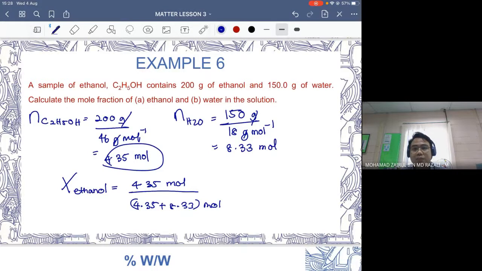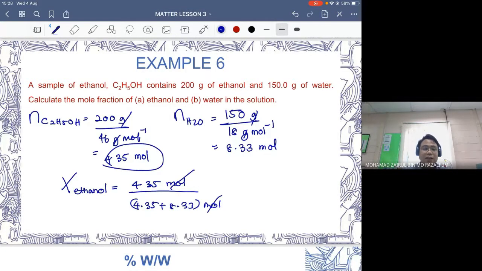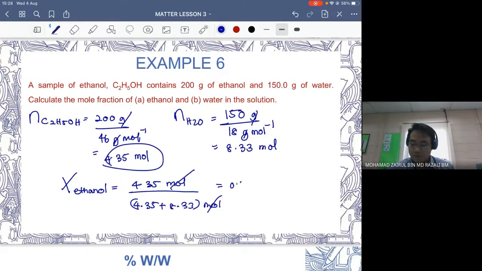No, because both the unit can be cancelled out. So if you calculate, what is the mole fraction for ethanol? 0.34. So for water pun awak buat benda sama juga. Cuma for water, yang atas ni awak tukarkan kepada 8.33 mole. So kalau awak kira mole fraction water, awak dapat berapa? Mole fraction for water.